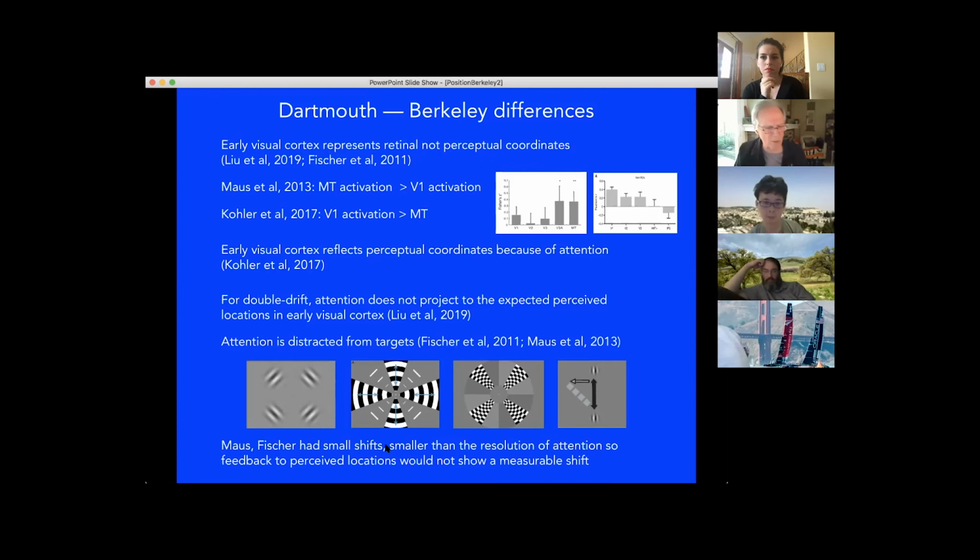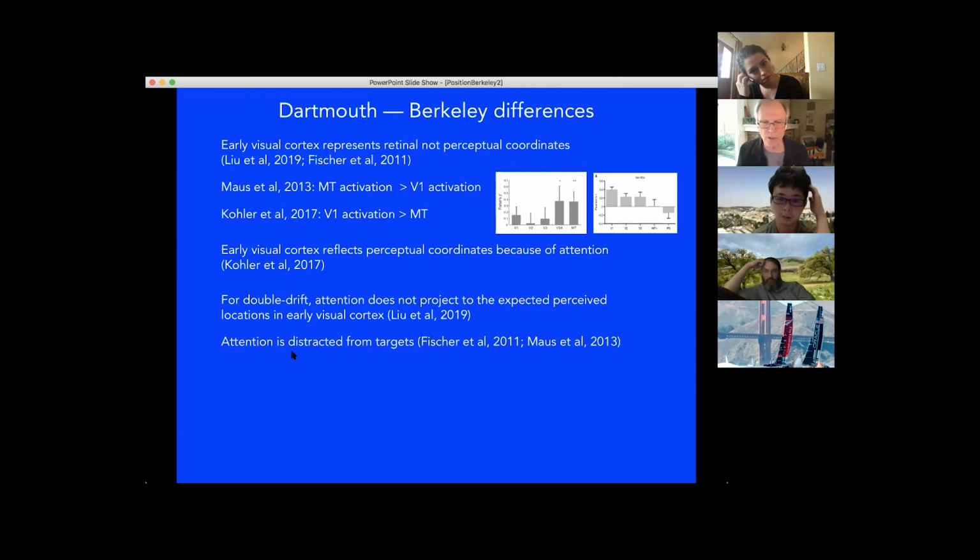Nevertheless, they were quite small. In fact, I went back and calculated what they were. For Fisher, the main shift for the effects was about 0.3 degrees at 9 degrees eccentricity. For Garrett Mouse, it was 0.3 and 0.15 degrees at 8 degrees eccentricity. So both of them less than half a degree.